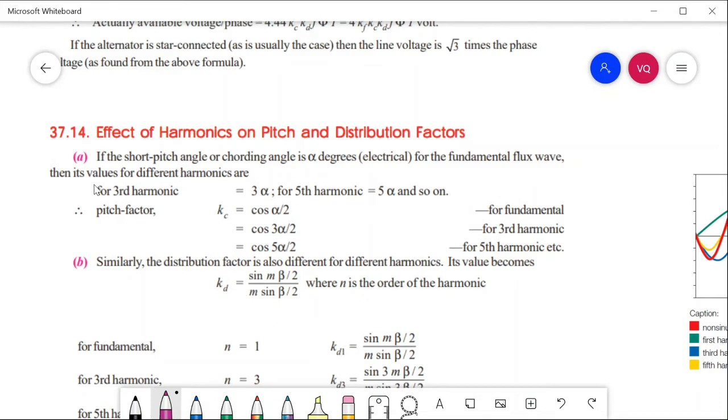So if the short pitch angle or chording angle is alpha in electrical degrees, iba yung electrical degrees at saka yung mechanical degrees. So mechanical degrees in a motor refers to the rotation of the shaft. So one revolution of the shaft equals 360 mechanical degrees.